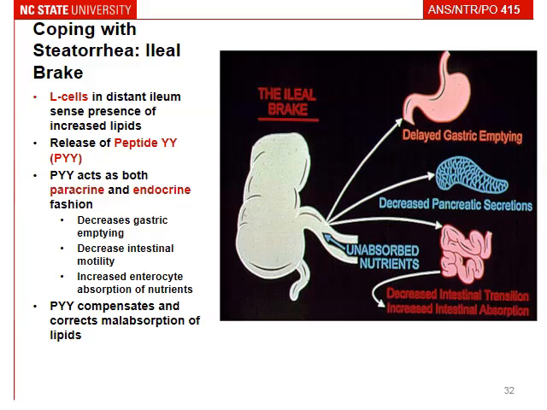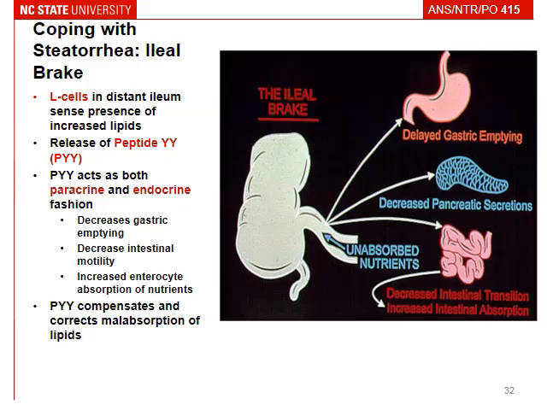If you remember, the majority of the PYY is in the distal ileum, and it acts in both a paracrine and endocrine fashion. The endocrine fashion is that it signals to the stomach to slow gastric emptying. We're also going to decrease our intestinal motility, so we decrease our flow rate, and that helps our enterocytes absorb the nutrients.